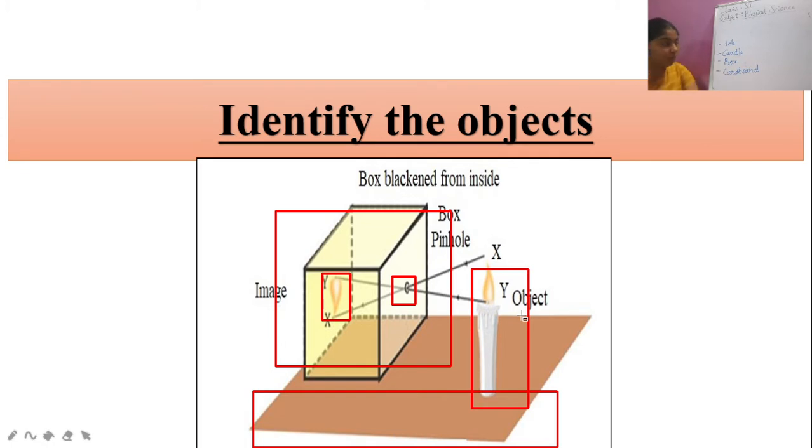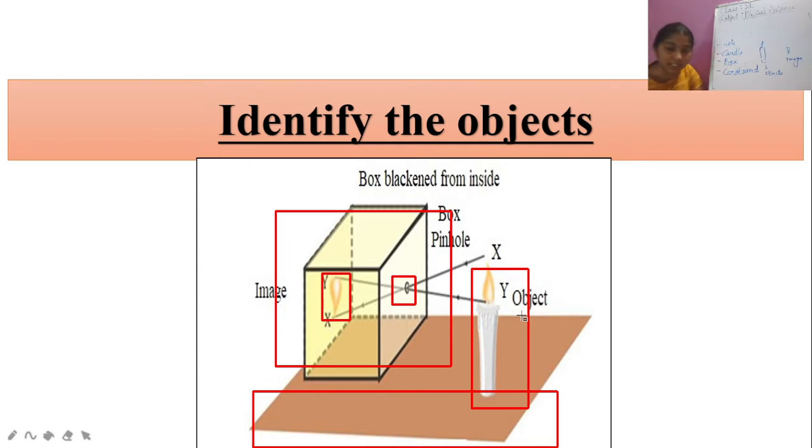In the first object we can see the flame is in this form, but in the image we can see it is inverted, right? So this is an object, but when some light comes out, we get an image which is inverted, right students?